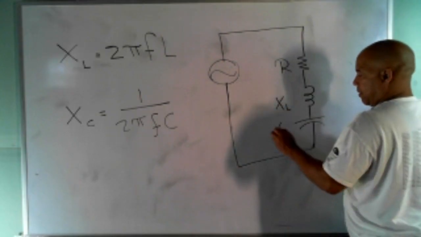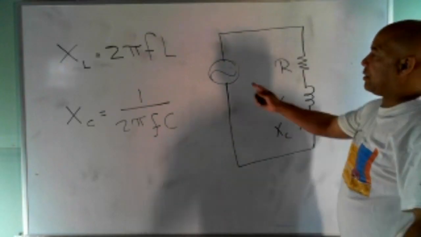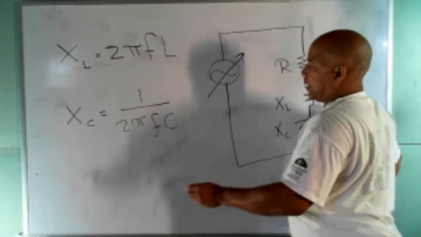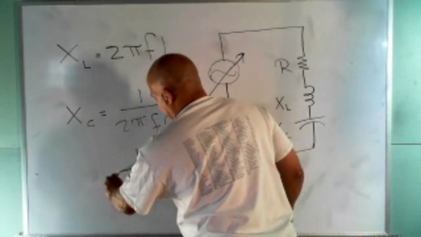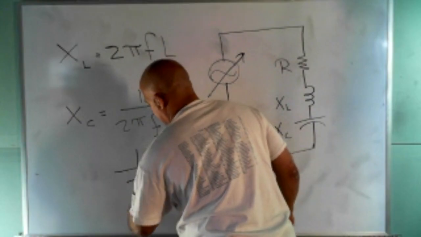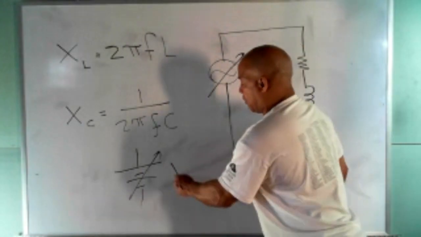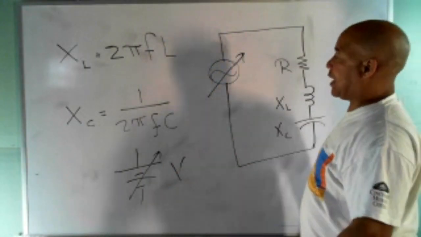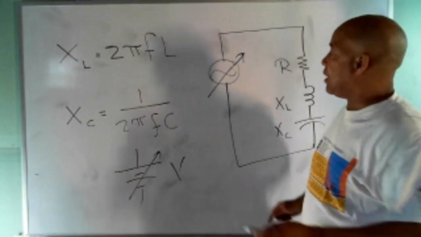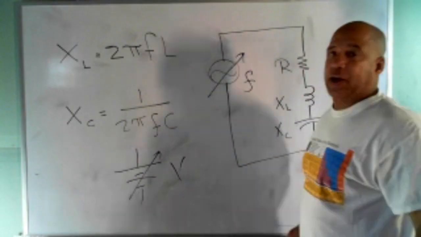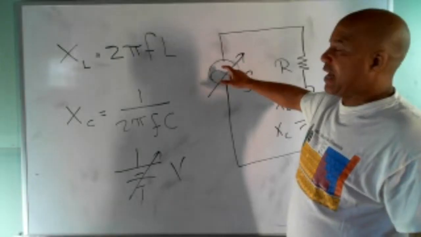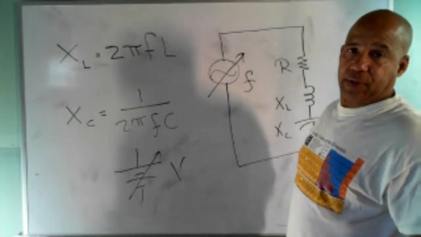Now, my generator, I'll do this. Now, you know in DC when I do that, that means I have a variable voltage source. All I can vary here is the voltage. In AC, I can vary voltage or frequency. So I'm going to put an F right there because we're not varying the voltage. I have a knob there I can change the frequency.